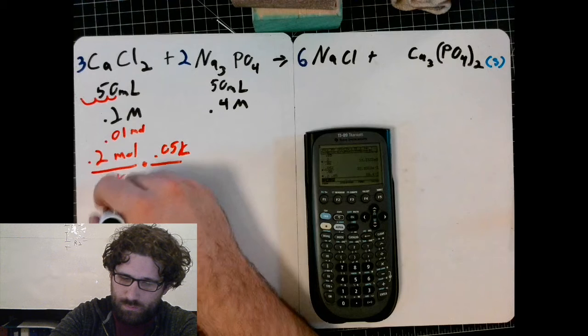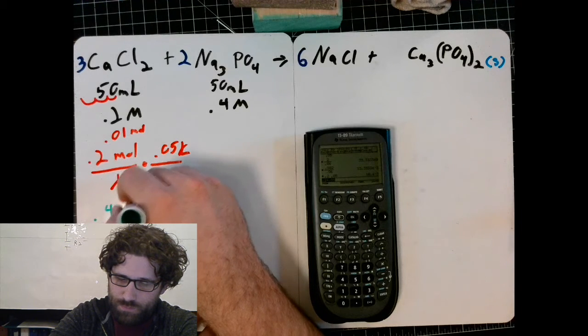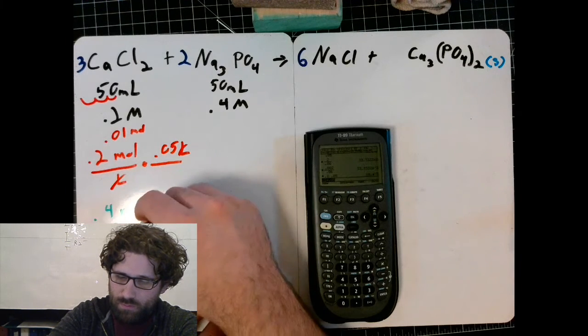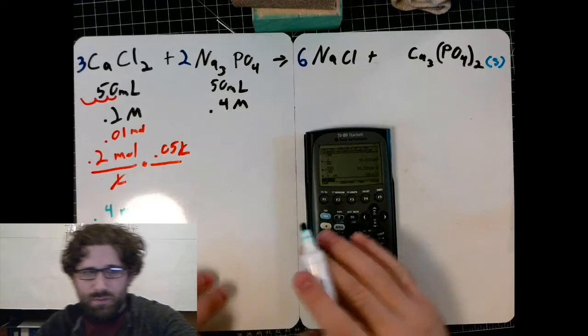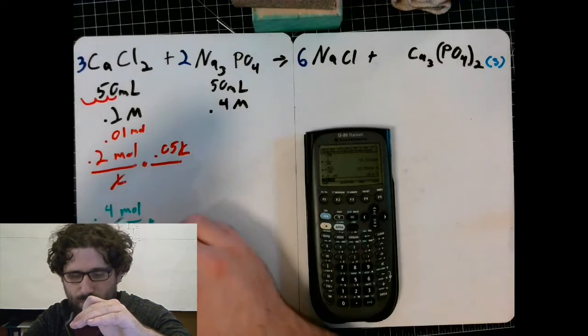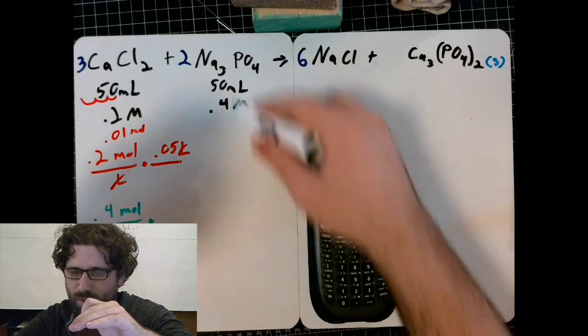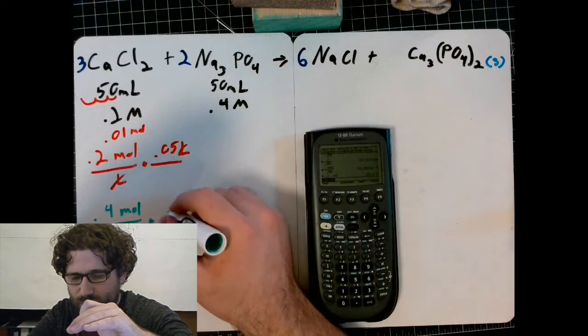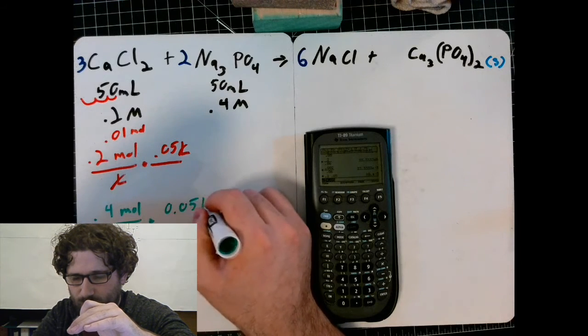0.4 molar, moles per liter, times 50 milliliters. So that's going to be, again, 0.05 liters.